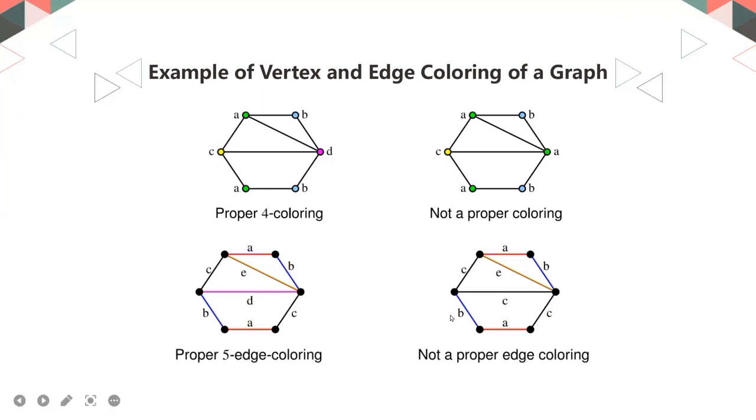So for example, this vertex is connected with 3 edges. Since this one is blue, it satisfies the definition. Since the second and the third connecting edges are both black, it does not satisfy the definition. So this is not a proper edge coloring.